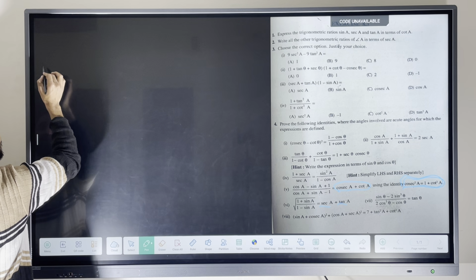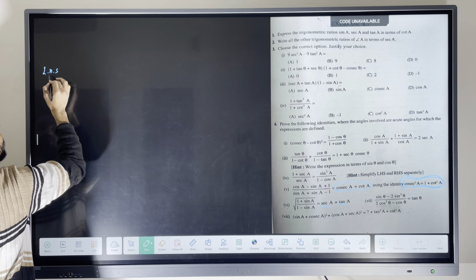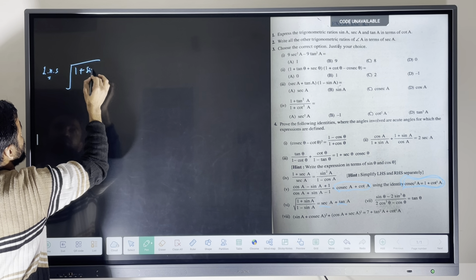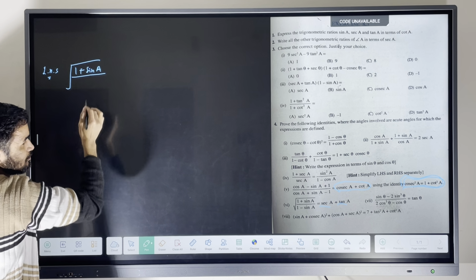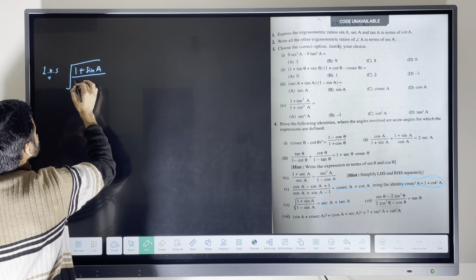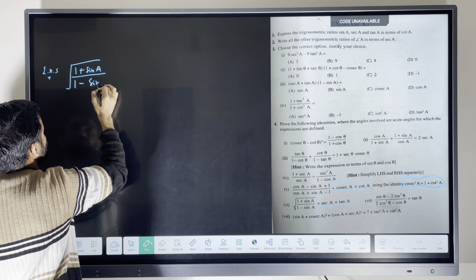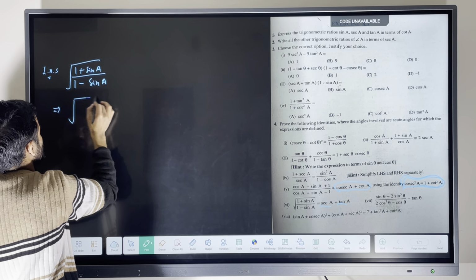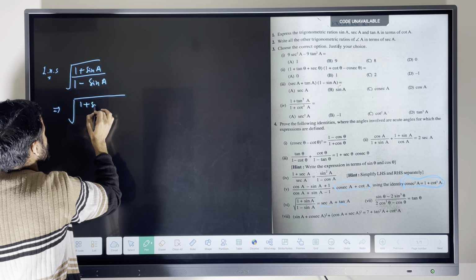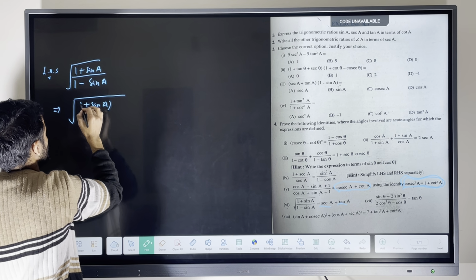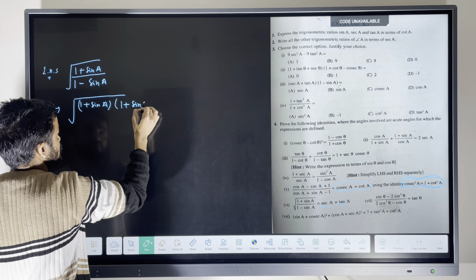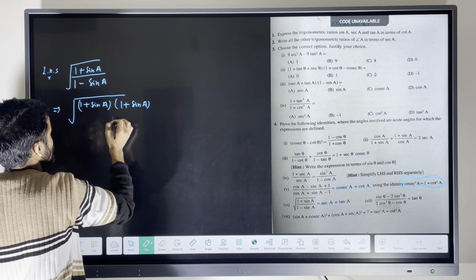Here we have the left hand side: square root of 1 plus sin A upon 1 minus sin A. To rationalize it, we multiply by 1 plus sin A, because here we have minus.